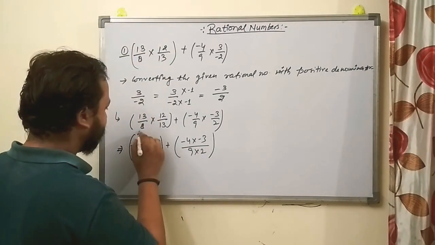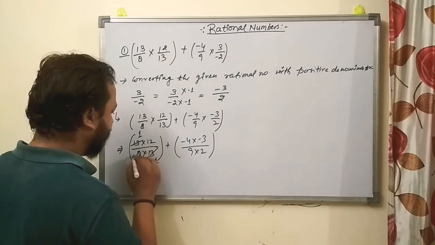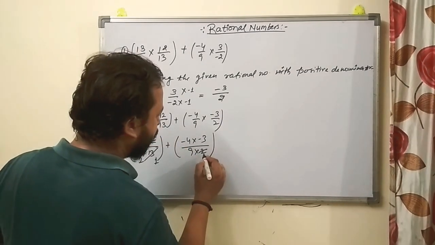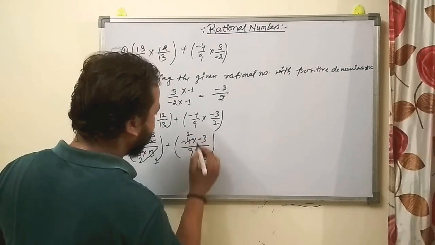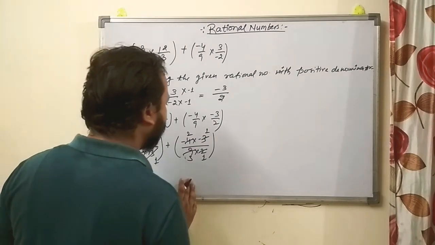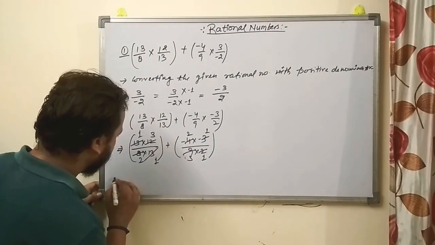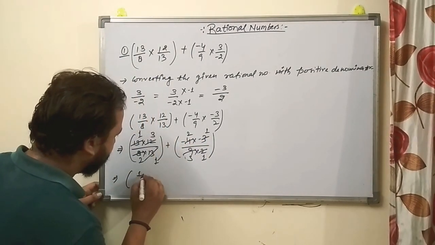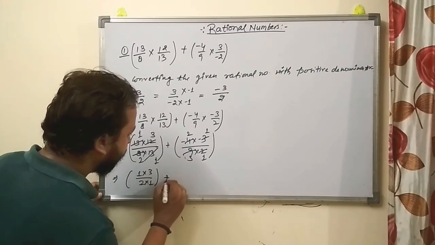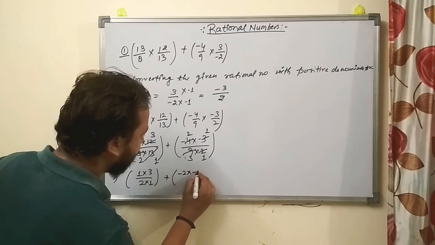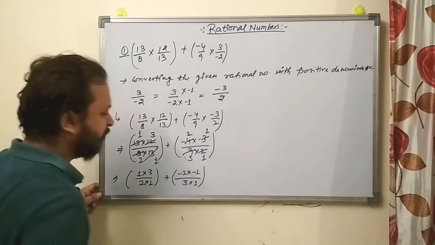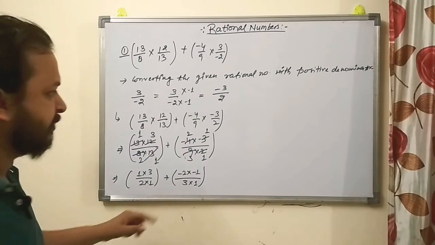13 ones are 13, 13 ones are 13, 4 twos are 8, 4 threes are 12, 2 ones are 2, 2 twos are 4 and 3 ones are 3, 3 threes are 9, minus minus plus. So what you are left with is 1 multiplied by 3 and 2 multiplied by 1 plus minus 2 multiplied by minus 1 and 3 multiplied by 1.